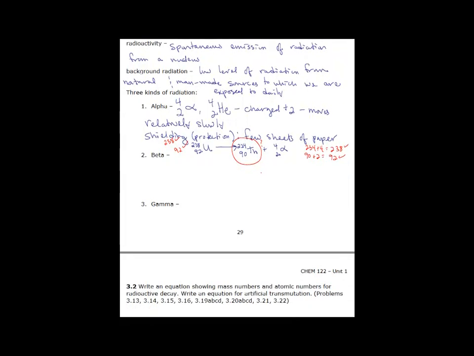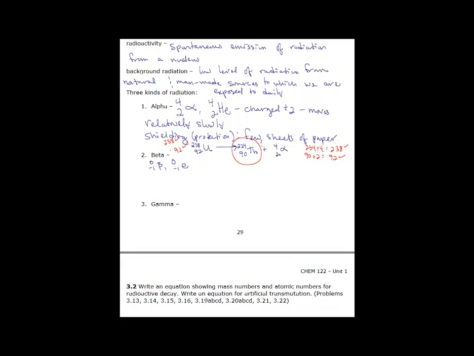So the next type of radiation is higher in energy, so you're going to need more shielding, which we'll see in just a second. So beta, the symbol for beta is 0, -1, and it's a Greek symbol for beta. Remember, we have a subatomic particle that has a -1 charge. So the proton, electron, or neutron? The electron, right? The electron has a -1 charge, and it has a 0 mass.